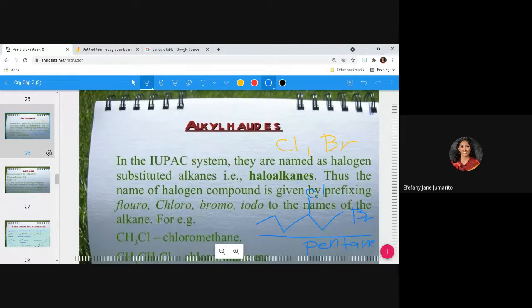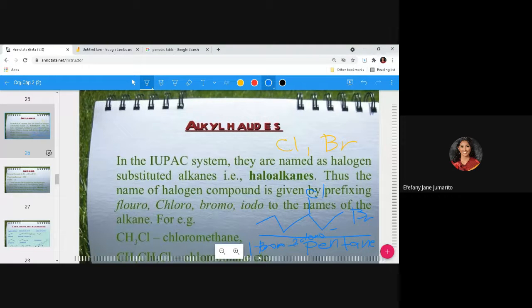Then what else? For chloro, we have bromo first, ma'am. What is the name? 1 bromo, then we have 2 chloro, then pentane.